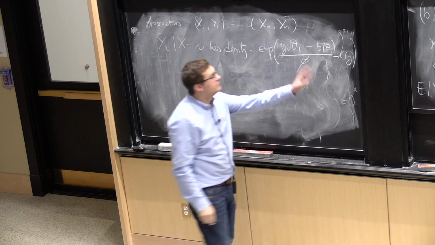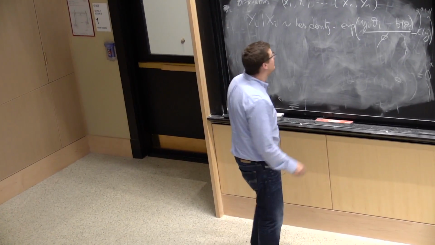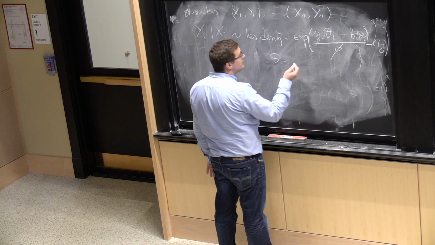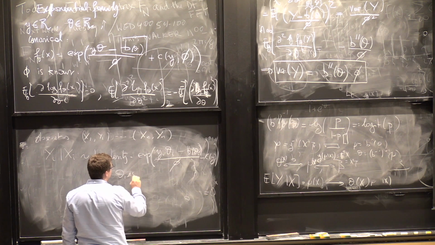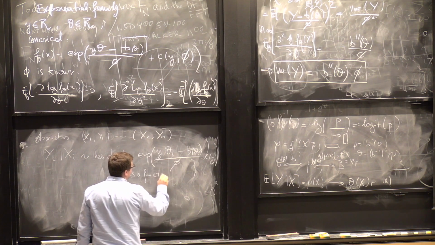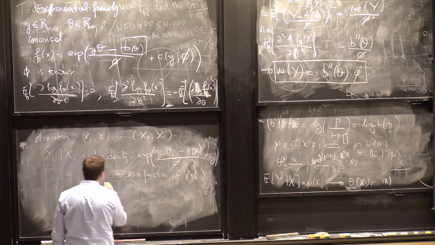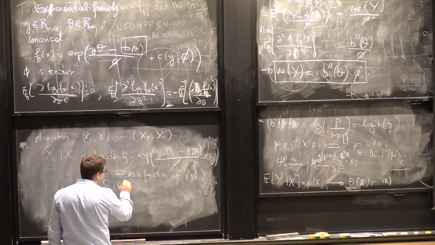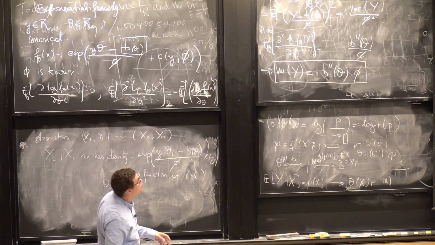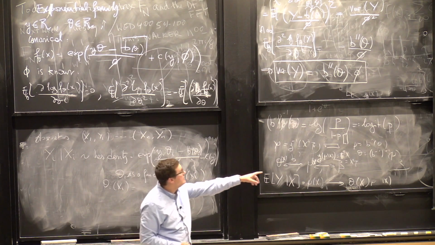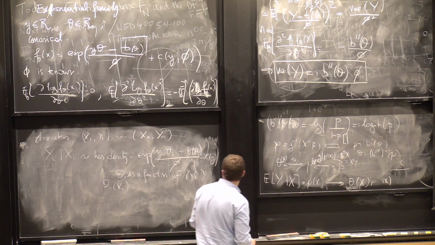I'm not going to deal with the phi and the c now. And why do I have theta i and not theta? Because theta i is really a function of xi, so it's really theta i of xi. But what do I know about theta i of xi? It's equal to b prime inverse of mu of xi.